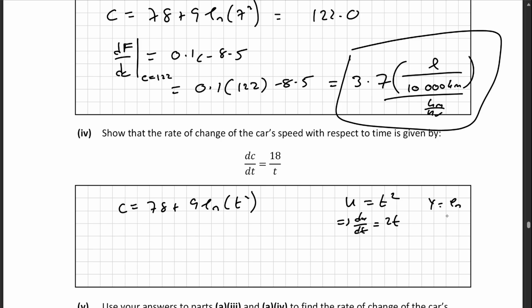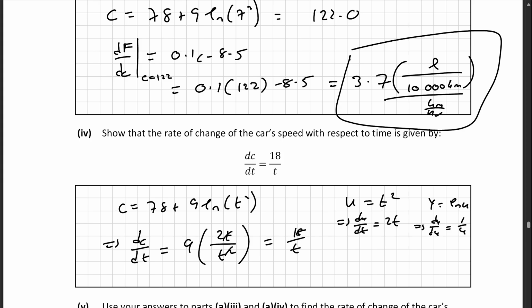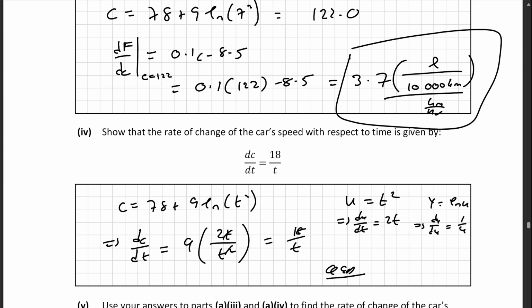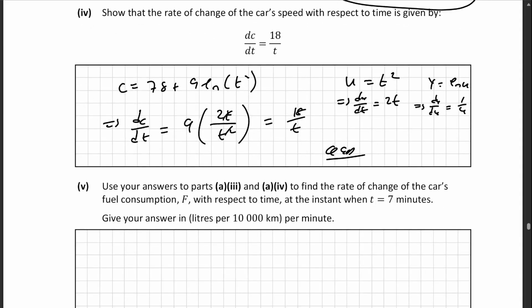And y is natural log of u, so dy du is 1 over u. Implying that dC dt is 9 times, 78 turns out not a constant, 2t over u, which is t squared, which turns into 18 over t.